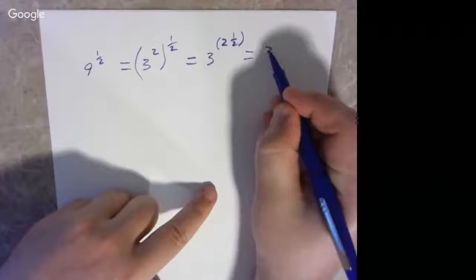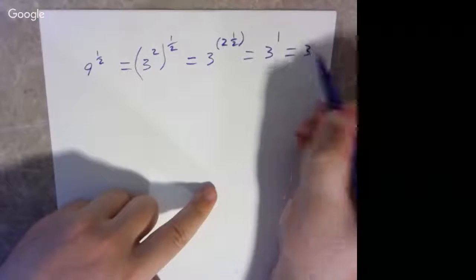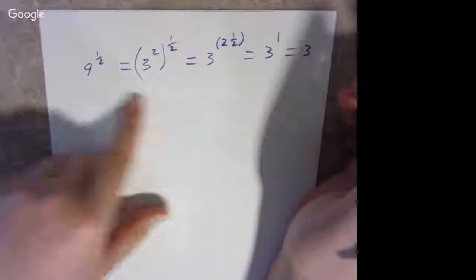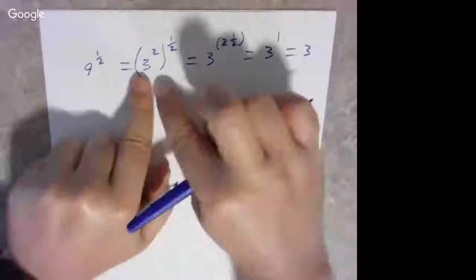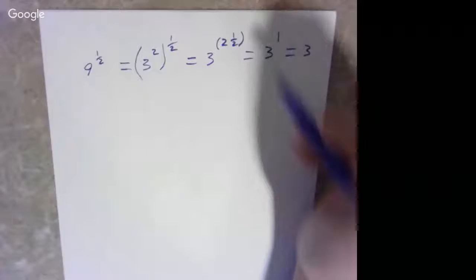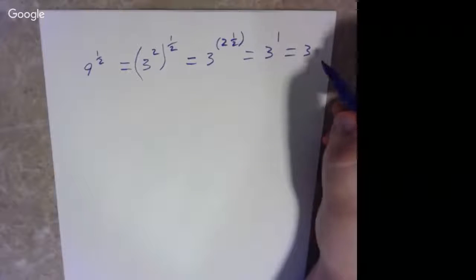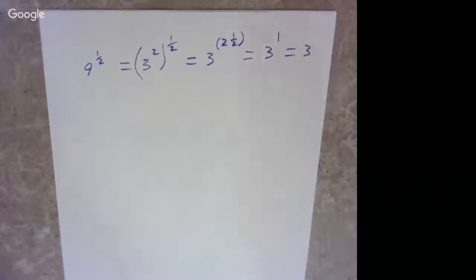So that would be like 3 to the first power, or just 3. So all of these are equivalent: 9 to the 1/2, 3 squared raised to the 1/2. If we multiply 2 and 1/2, we get 1. 3 to the 1 is just 3. So there are different ways we can represent these.